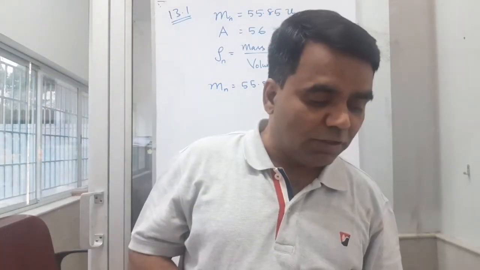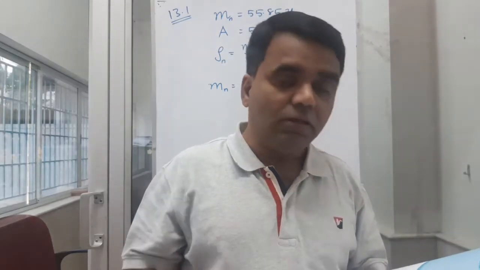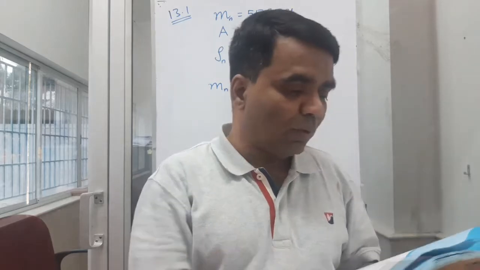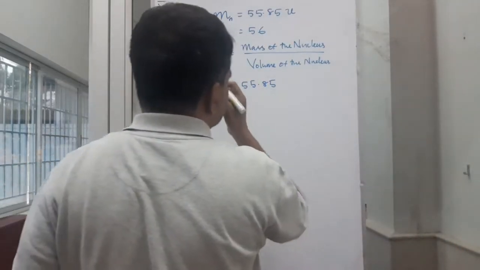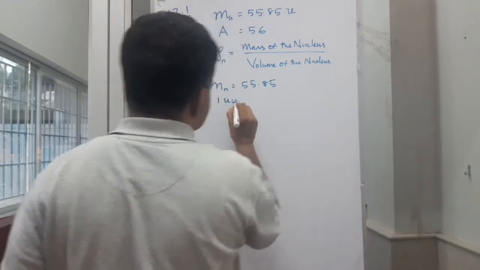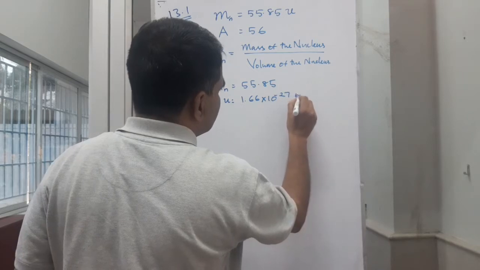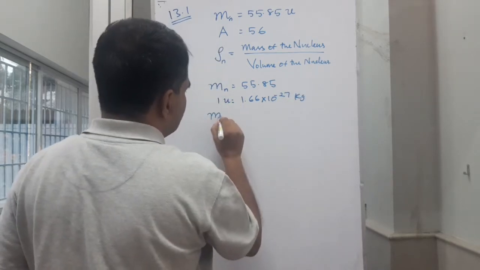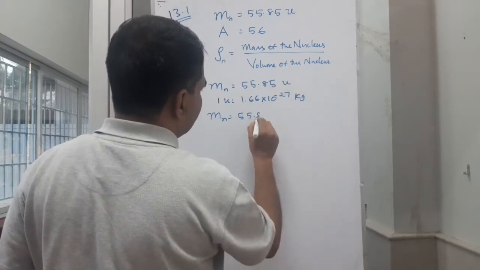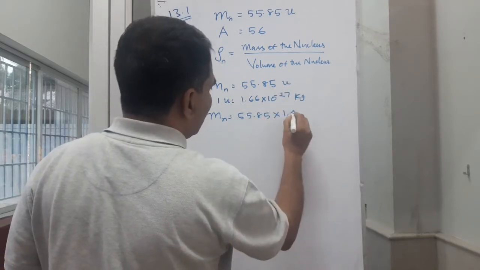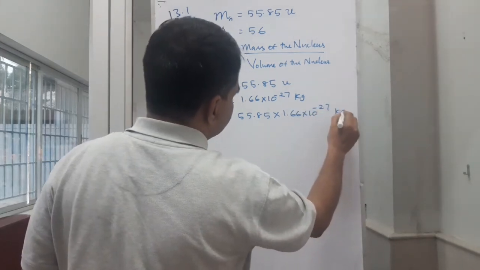kilograms. Okay, so we've seen in the previous video that one atomic mass unit is 1.66 into 10 to the power minus 27 kg. So the mass of the nucleus is 55.85 into 1.66 into 10 to the power minus 27 kg.